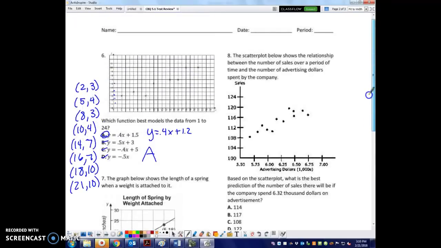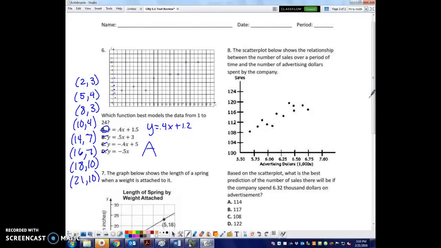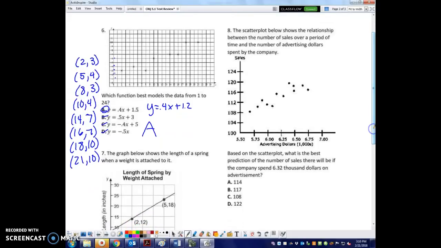All right, number 8. The scatter plot below shows the relationship between the number of sales over a period of time and the number of advertising dollars spent by the company. Based on the scatter plot, what is the best prediction for the number of sales if the company spends $6.32 thousand on advertisement? So find 6.32, it's about right here.